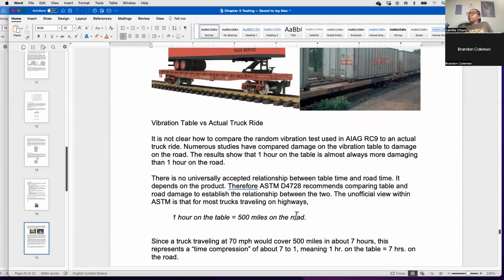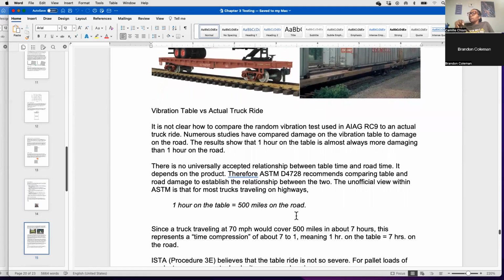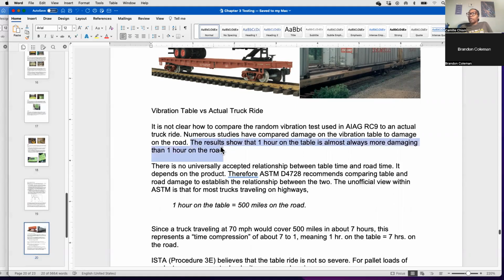And this is another reason why it's important, if you can do both tests, to test along what that actual route is going to be versus the lab testing, you're going to get different results. So notice here, this says the results of that 1 hour on the table is going to be most of the time more damaging than putting it on the road.